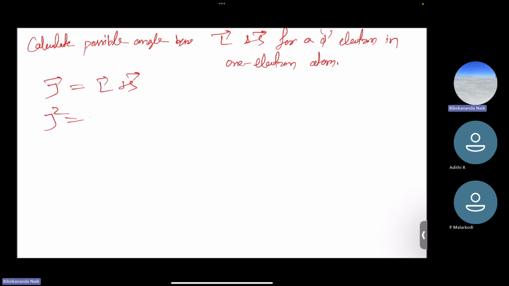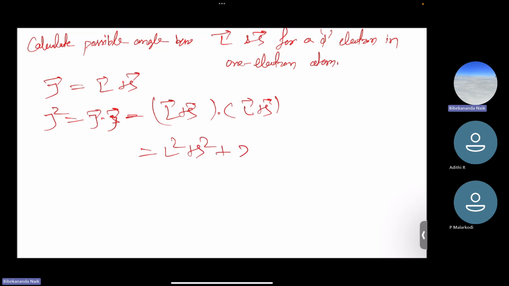So J squared is J dot J, which is (L plus S) dot (L plus S). It will be L squared plus S squared plus 2 L dot S. So J squared minus L squared minus S squared equals 2 L dot S.